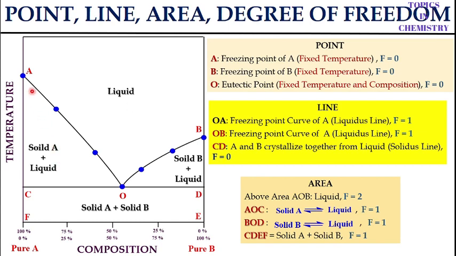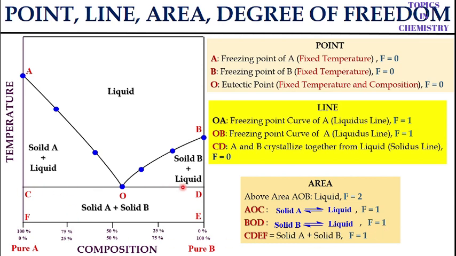Now if you consider this AOC area, here solid A is in equilibrium with liquid, so here F is equal to 1. In the BOD area, solid B is in equilibrium with liquid, so here also F is equal to 1.